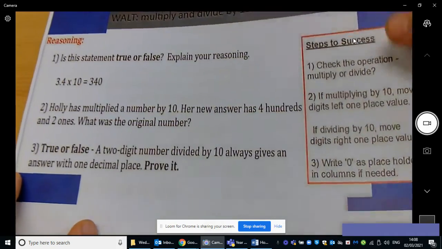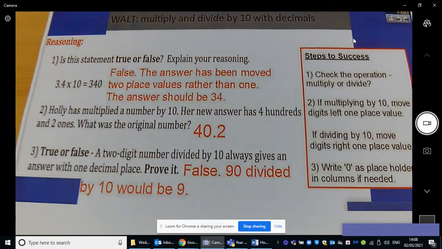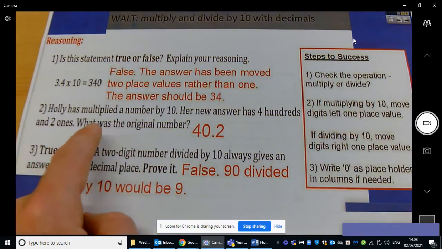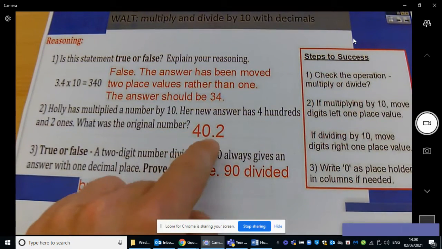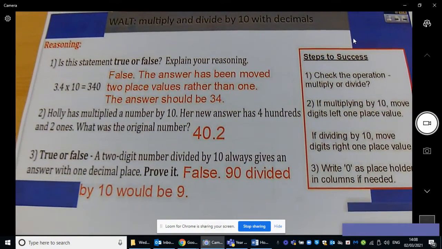So let's have a look at your reasoning. So this 3.4 times 10 equals 340, of course, is false. The answer has been moved 2 place values rather than 1, and it should be 34. Question 2. Well, if her new answer has 4 hundreds and 2 ones, it's going to be 402, which means that to work that out, we need to divide 402 by 10, which would give us 40.2.